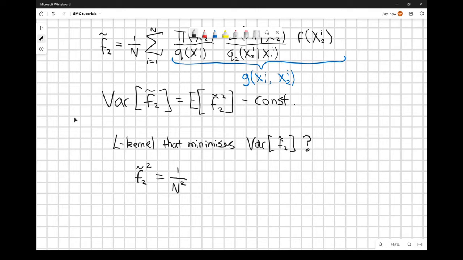So if we square that, then what we're going to end up with is a summation from i equals 1 to n, but also for a new index, j, from 1 to n, of g evaluated at x1 and x2i, and g evaluated at x1 and x2j.